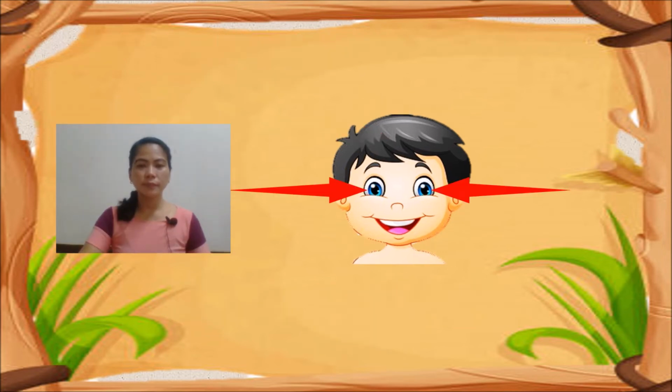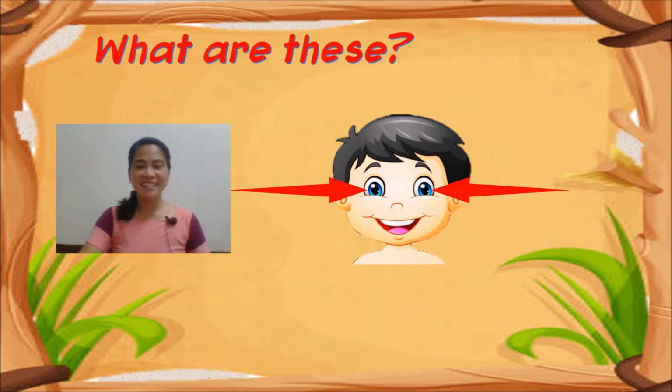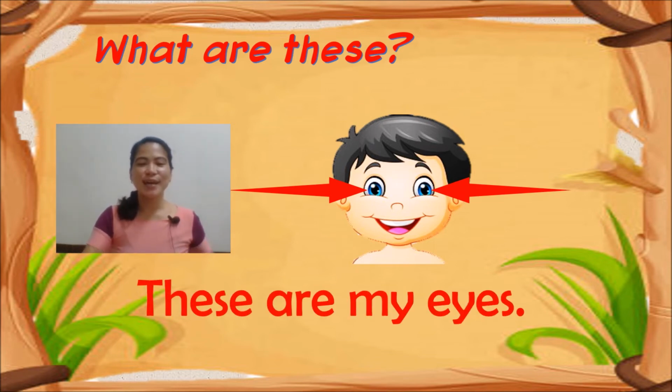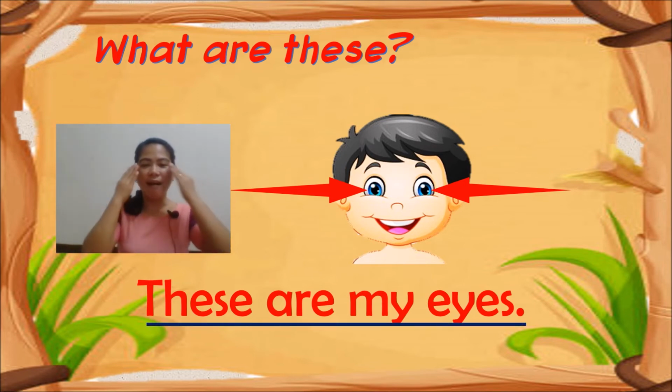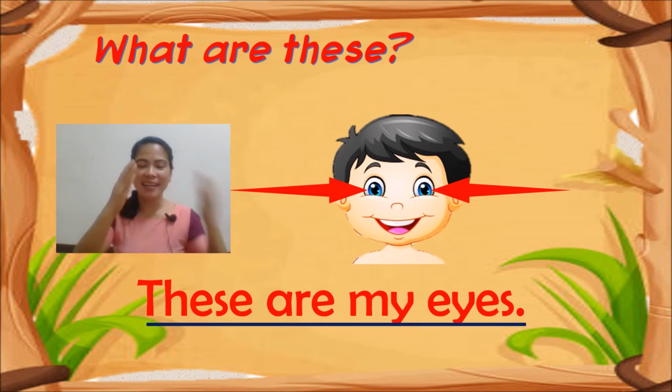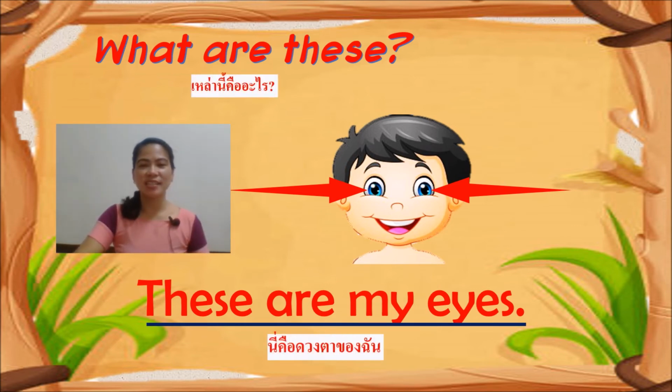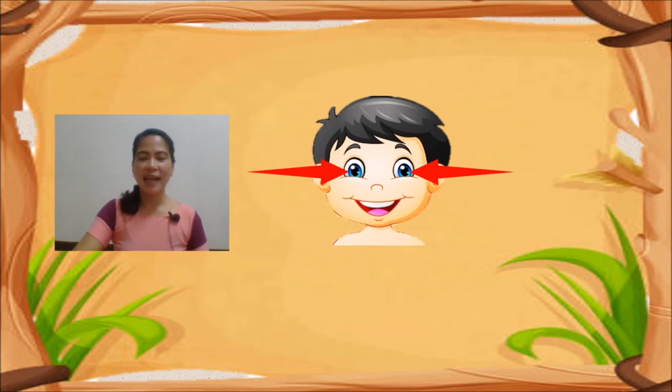Next. What are these? As indicated by the arrows. Okay, you got it. So let's say the sentence. These are my eyes. One more time. These are my eyes. And the translation is here. Next, I'll ask about the number.